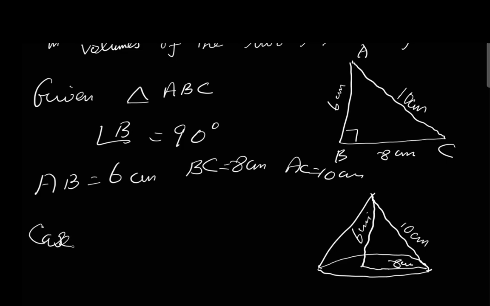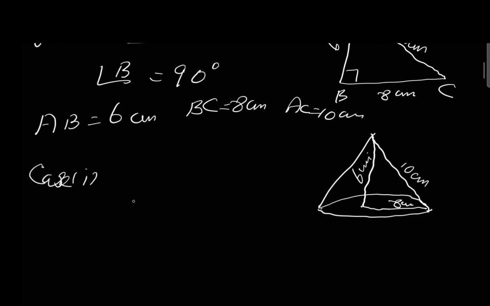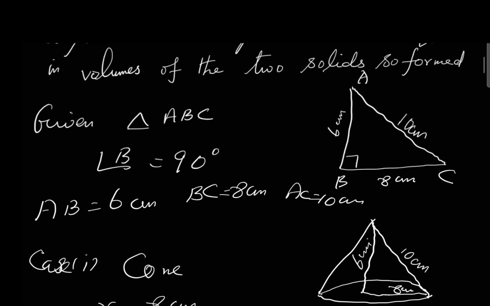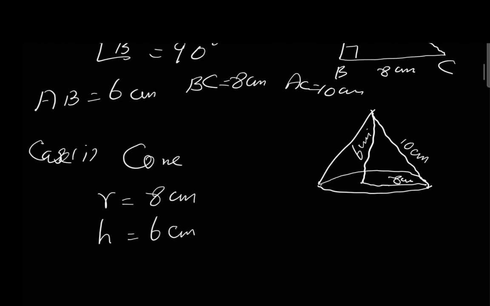Here, in the first case, I give the rotation about the side 6 cm. In that case we get a cone shape. Radius of the cone is 8 cm and height of the cone is 6 cm. So I have to find the difference in volume.